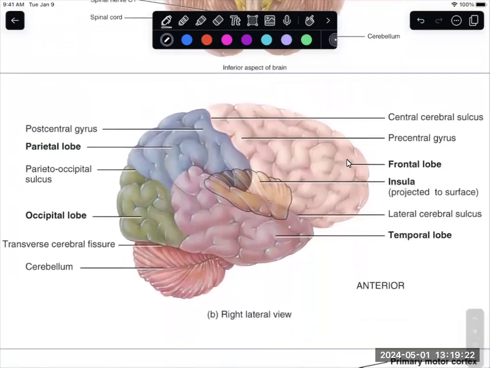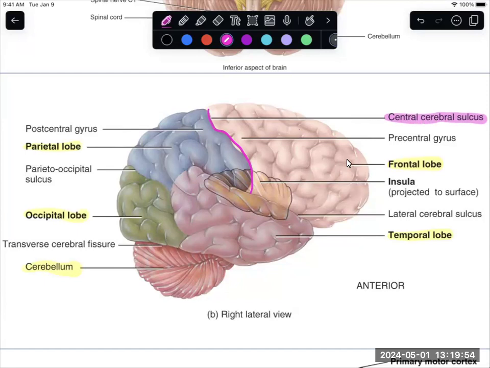So now this goes through the different lobes. We have that frontal lobe, temporal lobe, parietal lobe, occipital lobe, that cerebellum. Let's go through some of these fissures. So we have the central cerebral sulcus. This central cerebral sulcus here is going to give us the separation between the frontal lobe and the parietal lobe.